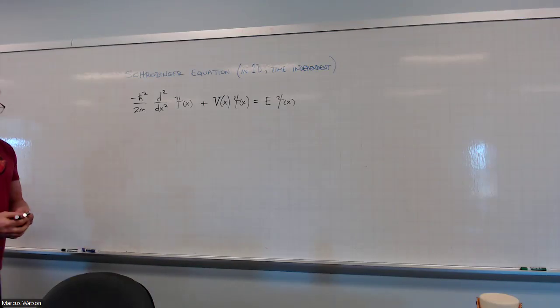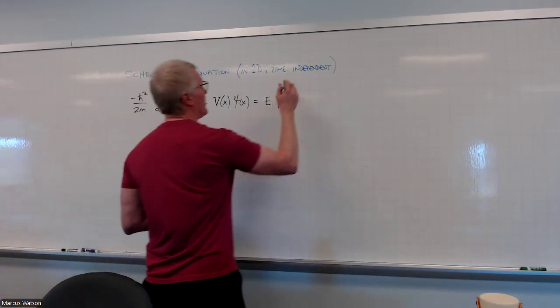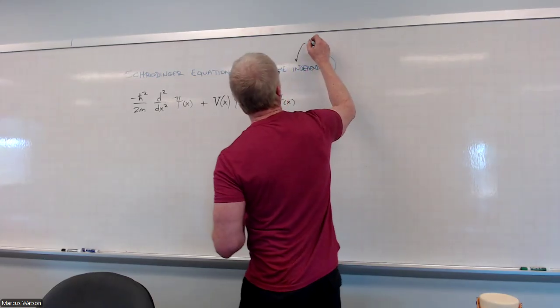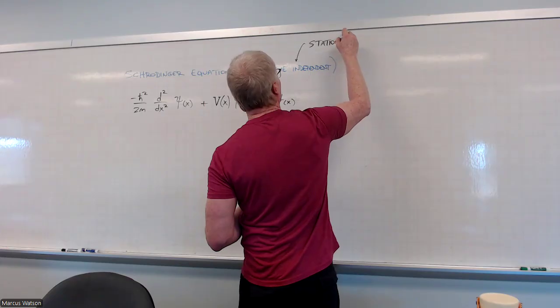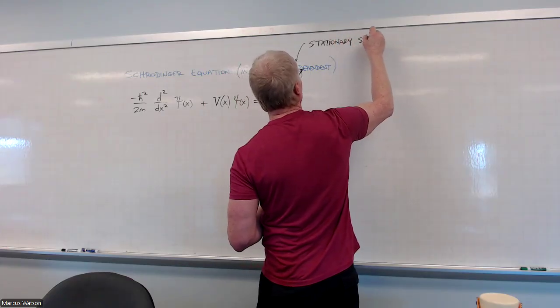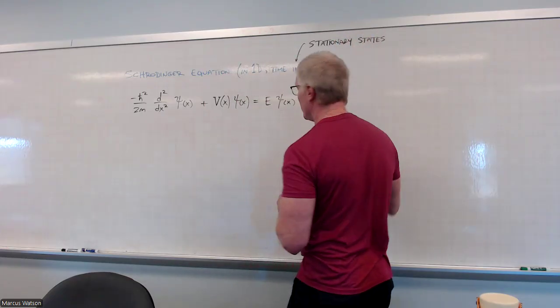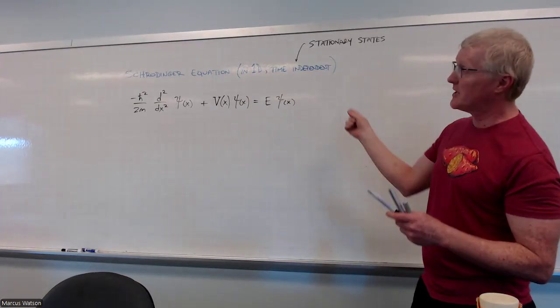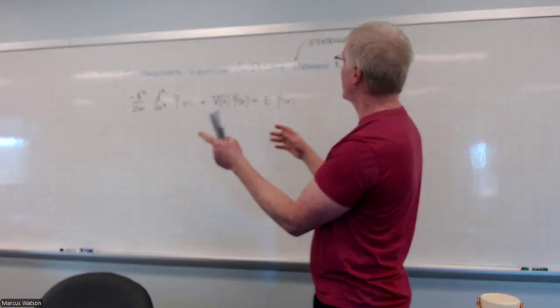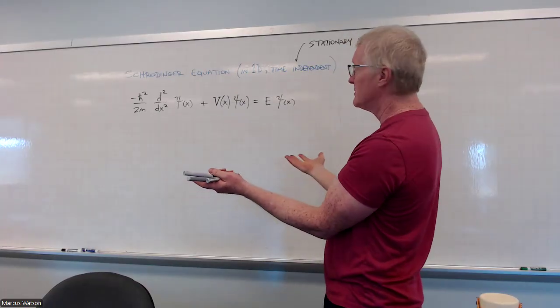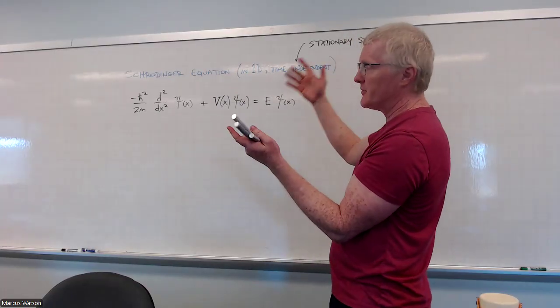In other words, why are we calculating the time independent one? Well, because what we're looking for here are stationary states. And stationary states are useful because, just like I was telling you with the electrons in the orbits, right? You want to come to basically a standing wave solution. That's what a stationary state is.